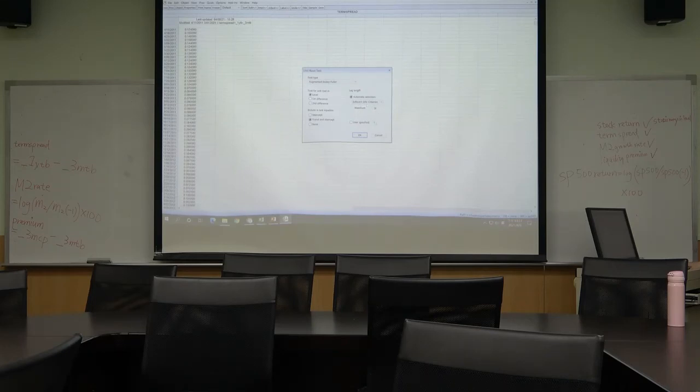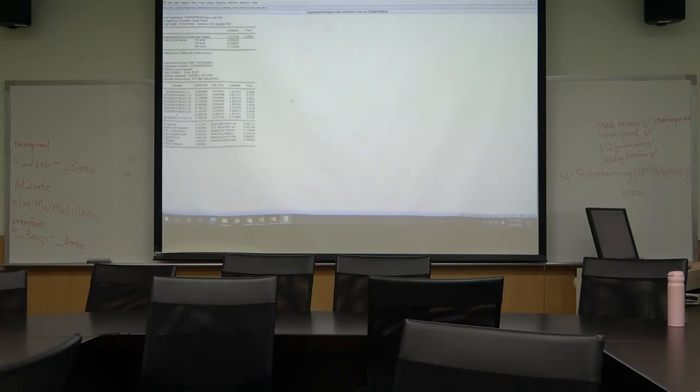Maximum lag is 18. So in this case, unfortunately, the test statistic is negative 1.6175. As you can see, it is larger than any of the test critical values, so it is not significant. It does not pass the unit test.